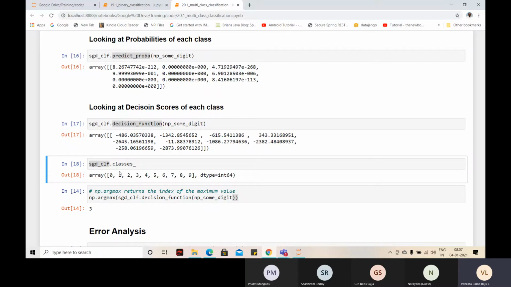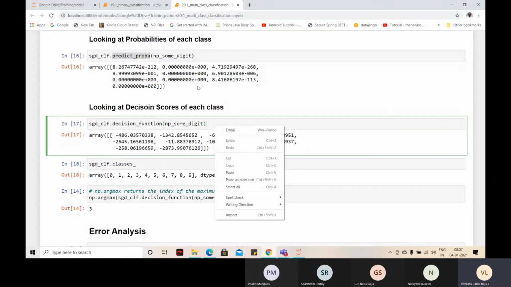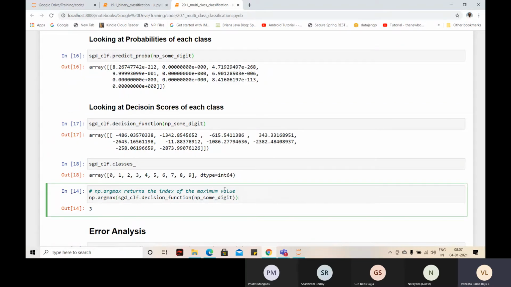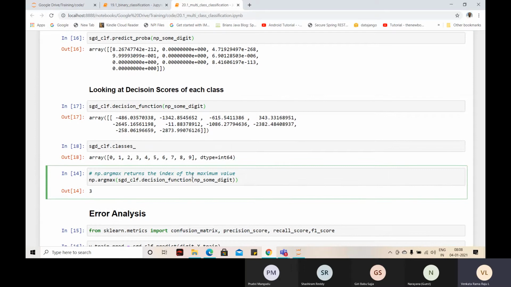This is how it is predicting internally. We need to understand this structure, this mechanism, because it's going to be useful in deep learning. I'm going to mention this again in deep learning. Any questions so far?